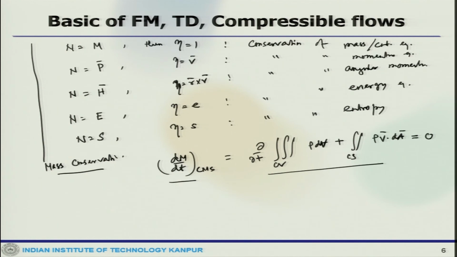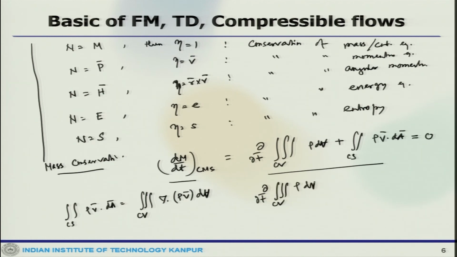Now, using the Gauss divergence theorem, one can write control surface rho V dot dA as control volume del dot rho V dV. Then this will become del by del t of control volume rho dV plus control volume del dot rho V dV, which is 0.